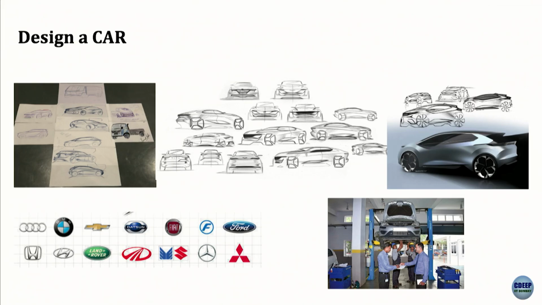So, first we make it on paper, then we try to make it on models, then parts are manufactured and finally the parts are assembled in some assembly line, and then it is tested for robustness, effectiveness, safety, and then it is launched at some auto expo.